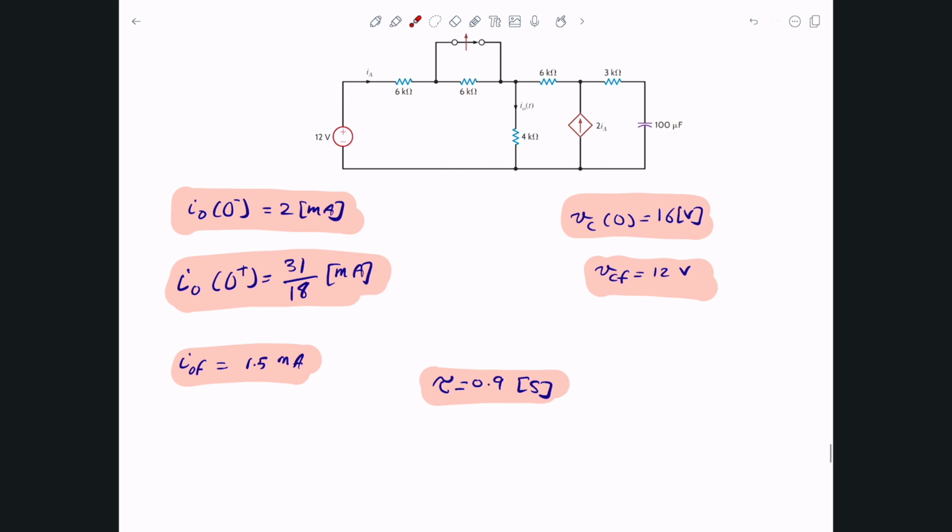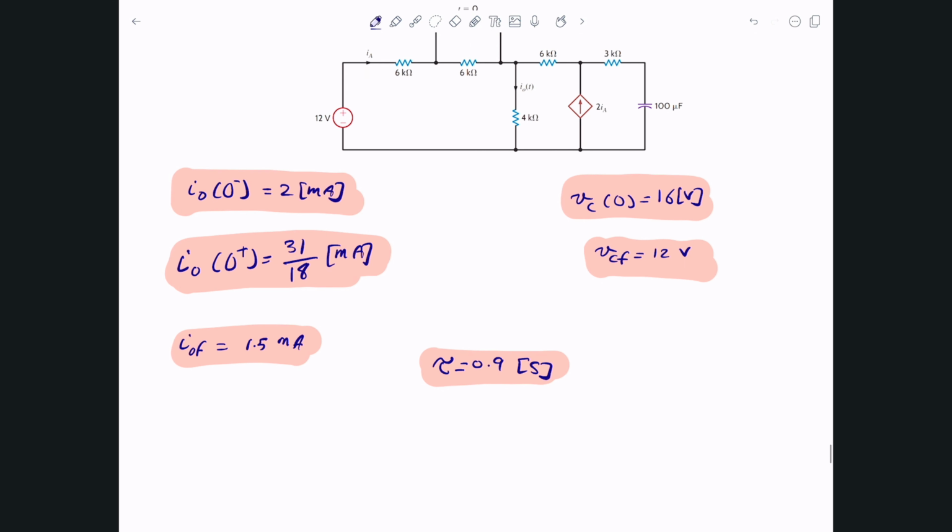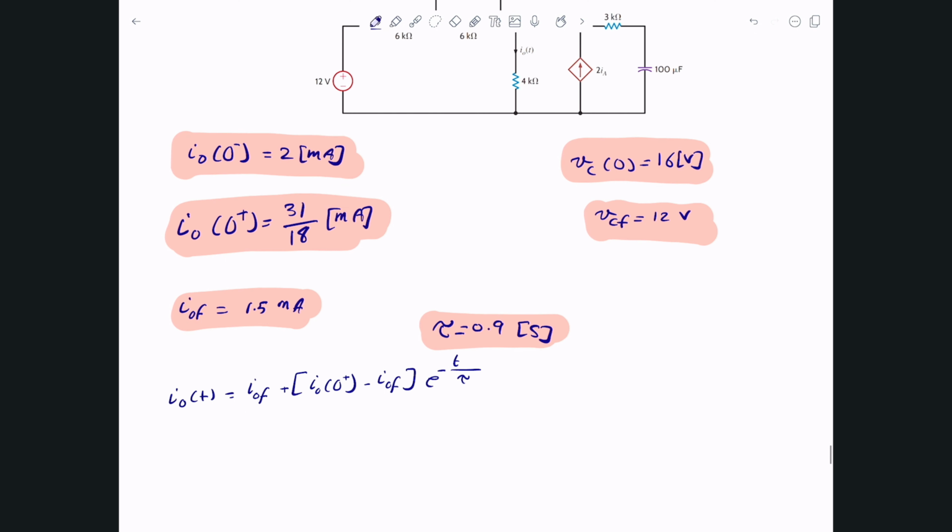So now we have everything we need to write equations. If I'm after I naught of t, all I have to do is say, it should be I naught final plus I naught evaluated at 0 plus minus I naught final, times e to the negative t minus t0, which is just 0, divided by tau. So we just substitute.